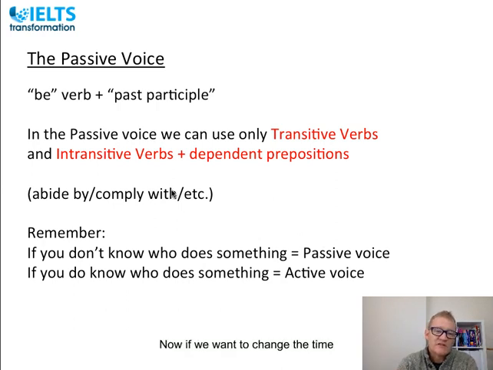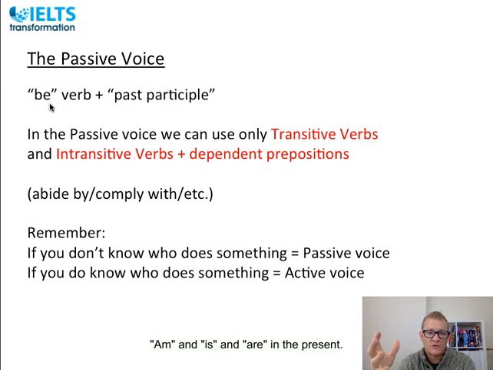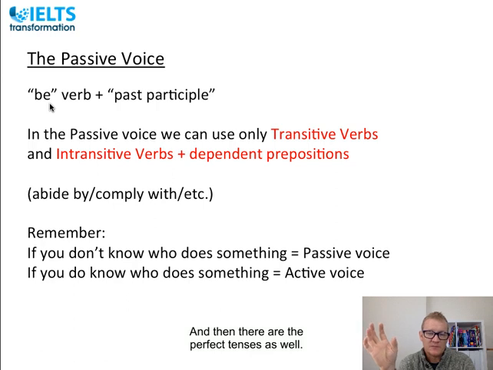Now, if we want to change the time of the verb, we change the be verb. So was and were in the past, am, is, are in the present, will be in the future. And then there are the perfect tenses as well.